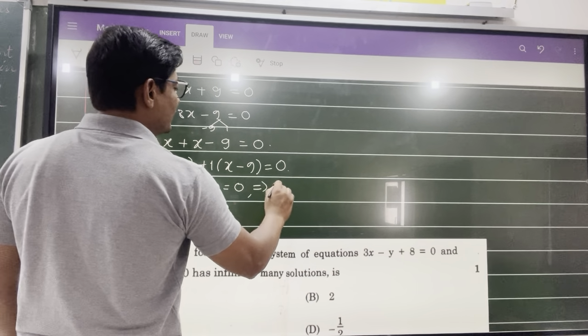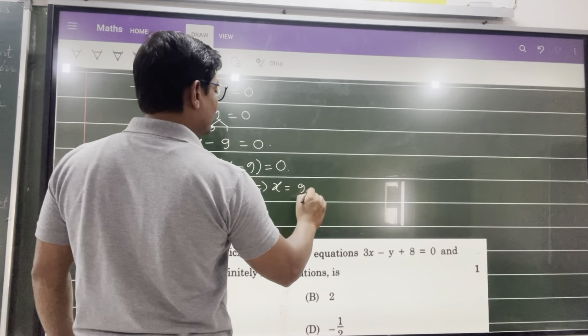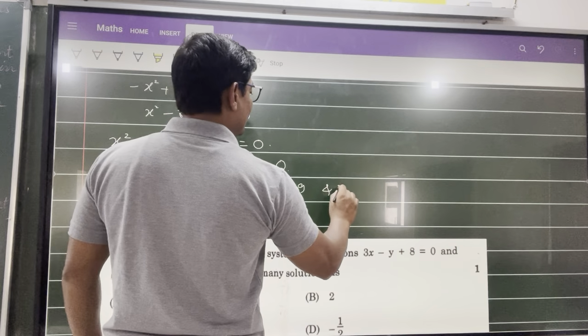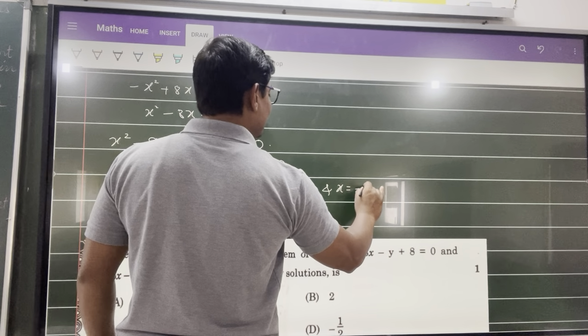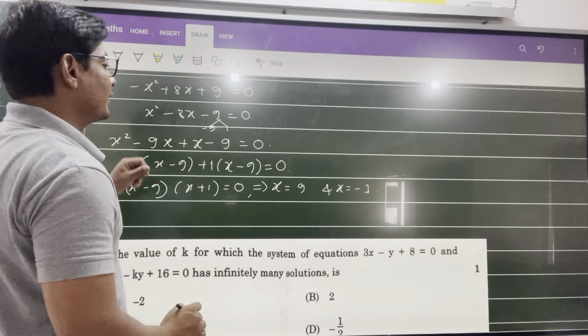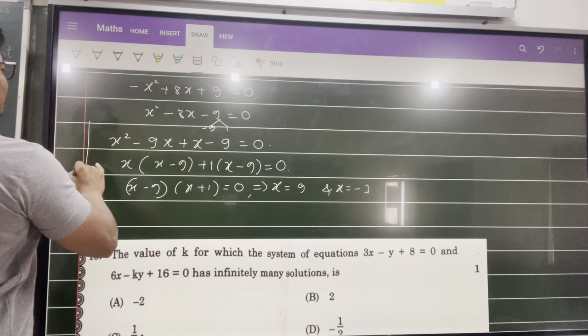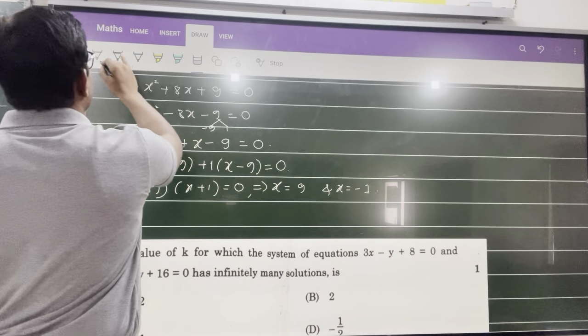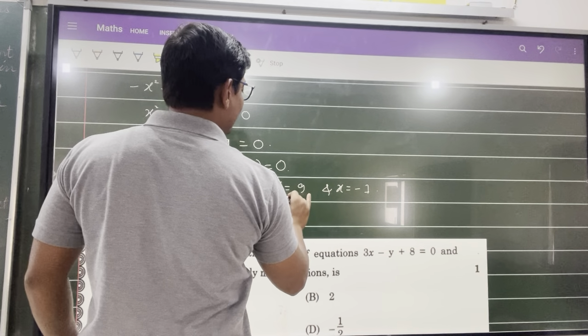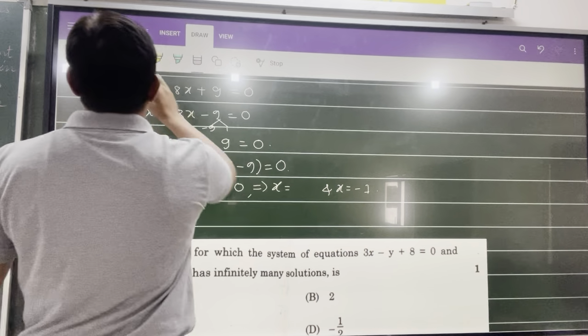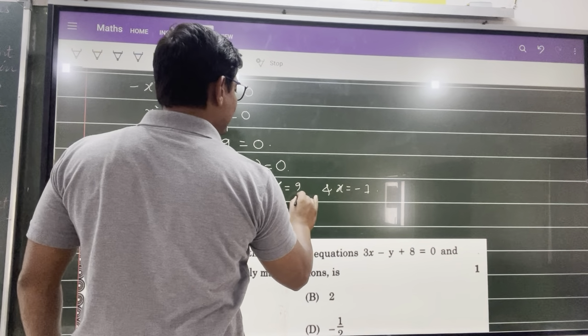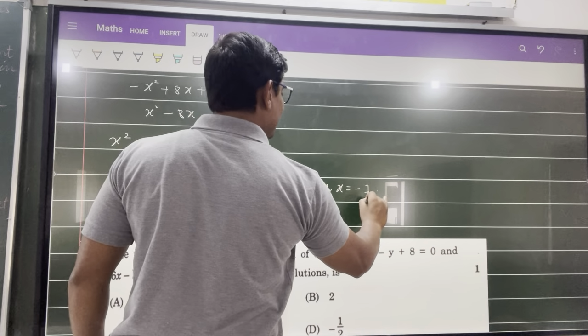So from this we get x equal to 9 and x equal to minus 1. Which one of them will be alpha and which one will be beta? They have given that alpha must be greater than beta. So obviously 9 is going to be alpha and minus 1 is going to be beta.